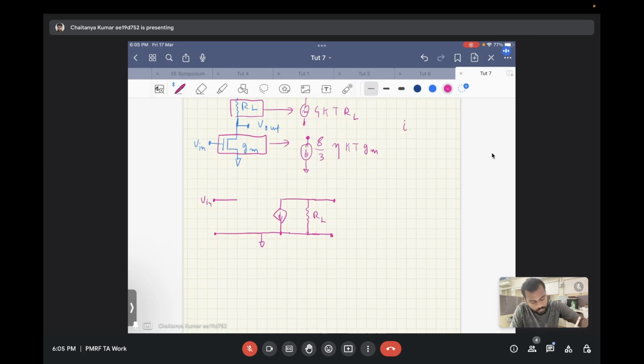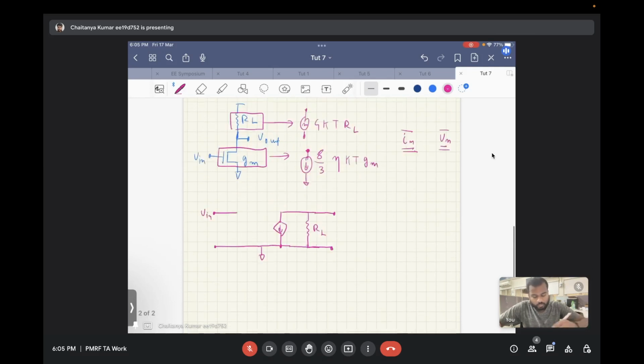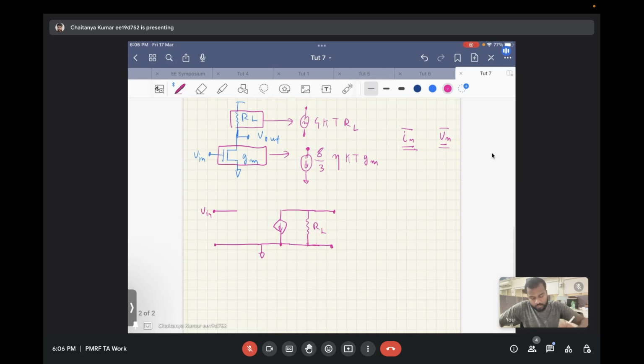In order to find this, we need to find both IN and VN, where IN is the input referred current noise source and VN is the input referred voltage noise source. So the transfer function from both VN and IN, for both the current and voltage, we will have to write. So for voltage, can anyone tell what will be the gain from Vin to Vout?